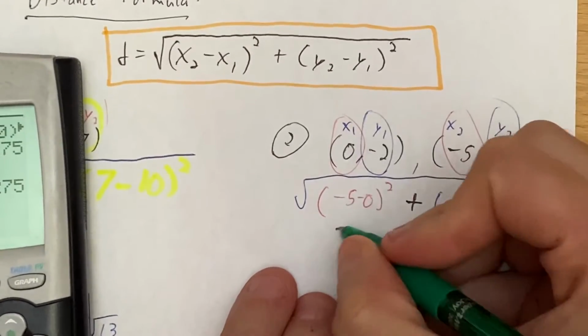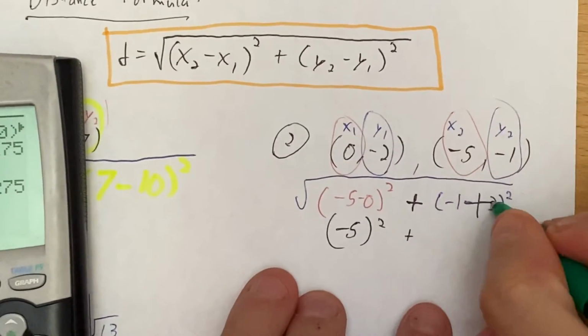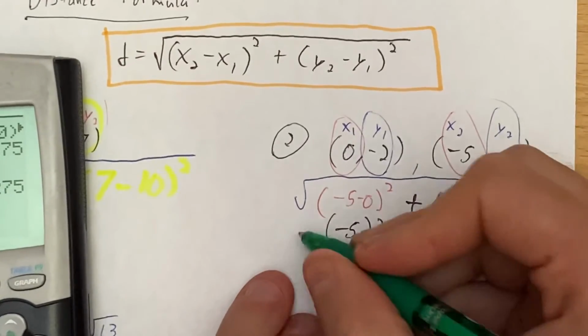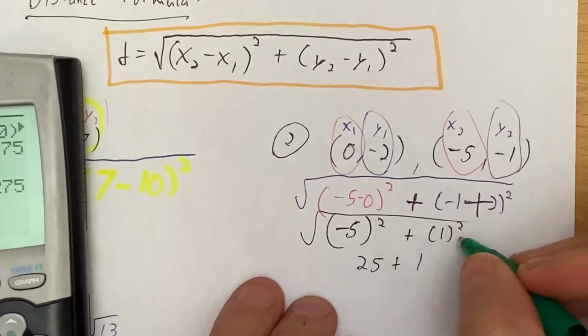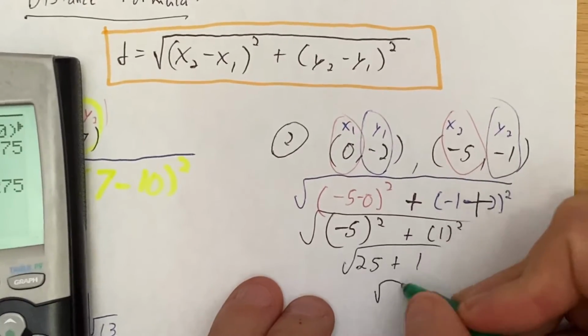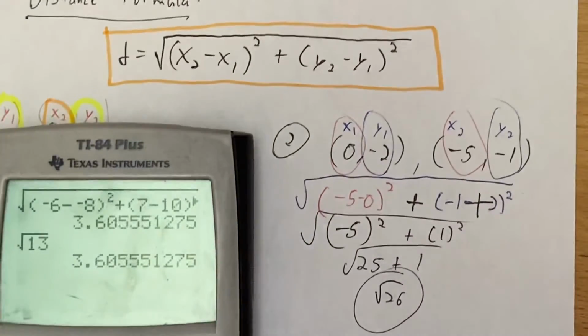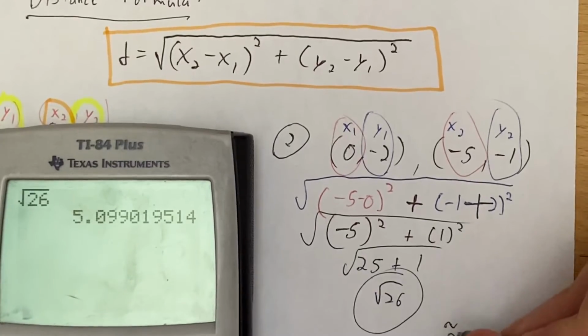-5 minus 0 is just -5. This turns into a plus, so -1 plus 2 is 1. And then you get 25 plus 1, because 1 squared is just 1. And you get the square root of 26, which is approximately 5.1.